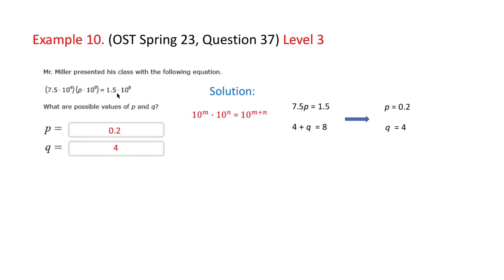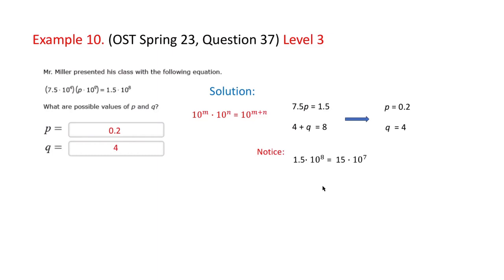Now you can notice that we can play with this here. I can enlarge this and decrease this. So that's one option. So 1.5 times 10 to the power 8, I can consider this as 15 times 10 to the power 7. So I multiply this by 10, I divide this by 10, so as not to change the value of the number.